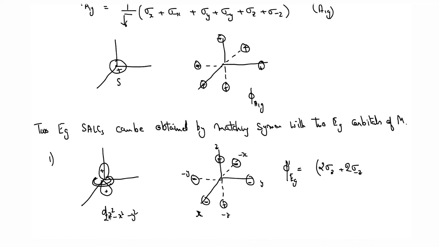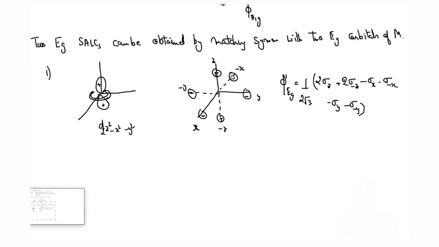So for 2Z square, there will be 2 sigma Z and 2 sigma minus Z, and the rest will be minus sigma X minus sigma minus X minus sigma Y minus sigma minus Y. And the corresponding normalization coefficient will be 1 over 2 root 3, right? So I hope this is clear.